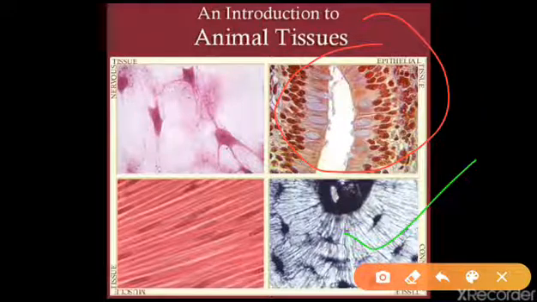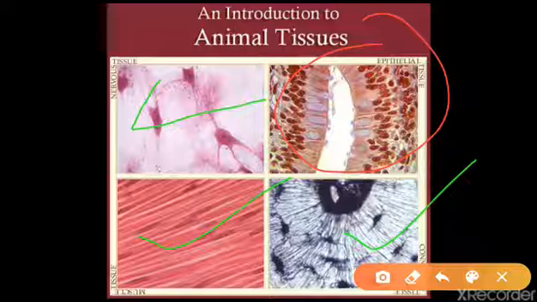Third, we have the muscle tissue, or muscular tissue, also known as contractile tissue, that means it contracts and relaxes. The last one is the nervous tissue, which transports messages from one place to another. So these are the main four types of animal tissue.